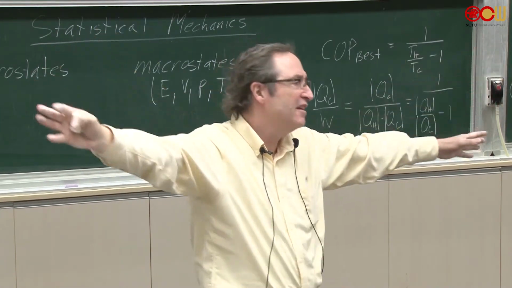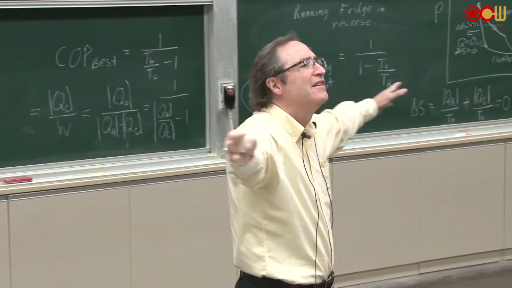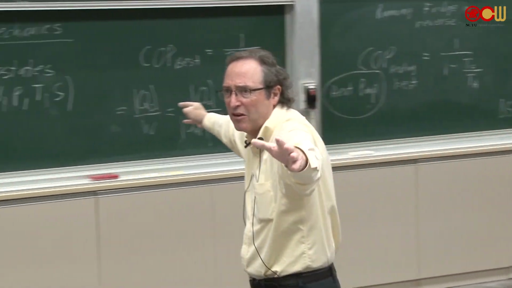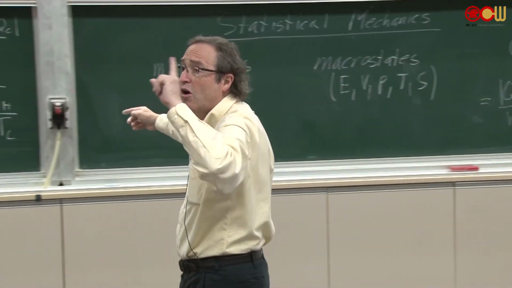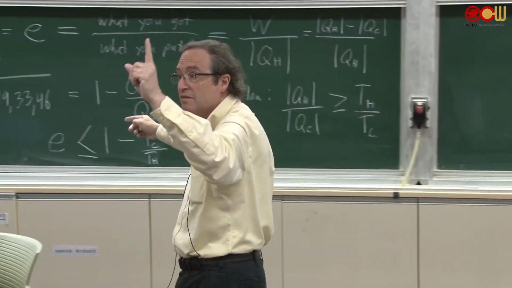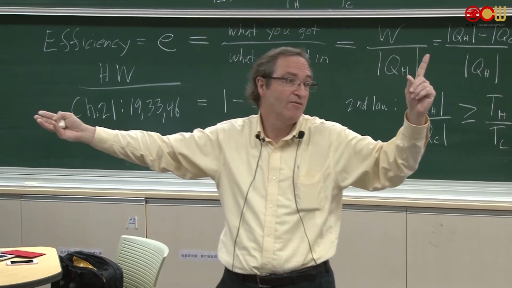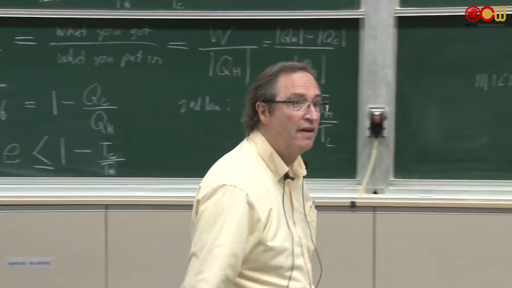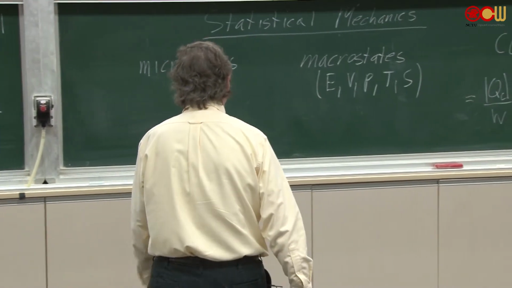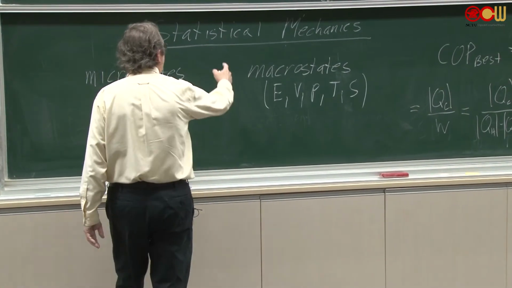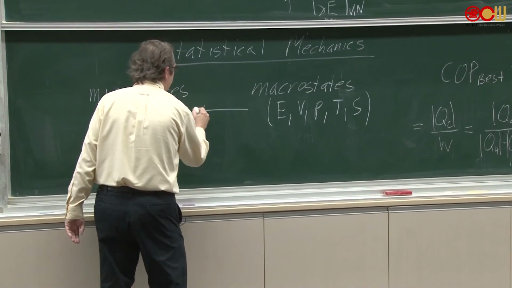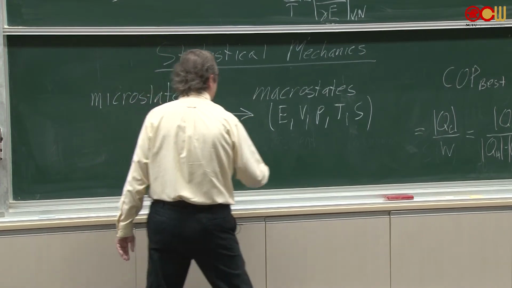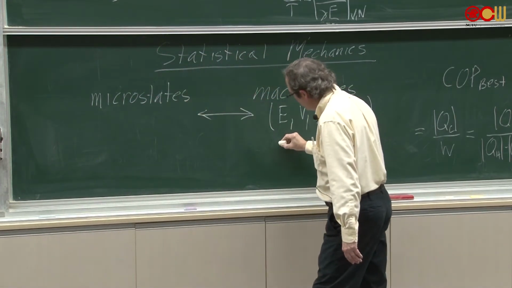The particles in this room go through billions and billions and billions of microstates. But they're all just one macrostate. It all has pretty much the same energy, volume, number of particles, etc. Statistical mechanics makes a connection between these two. And the connection is this.